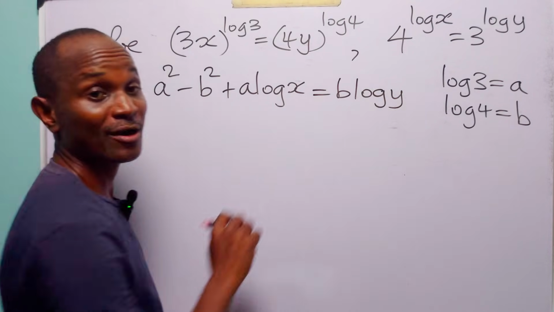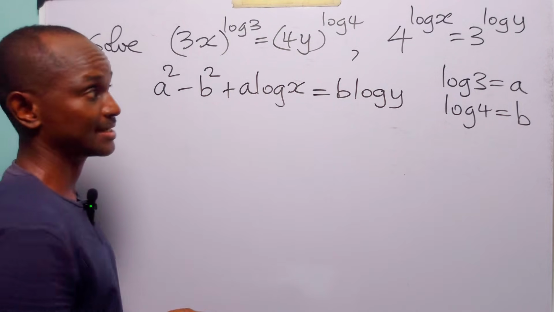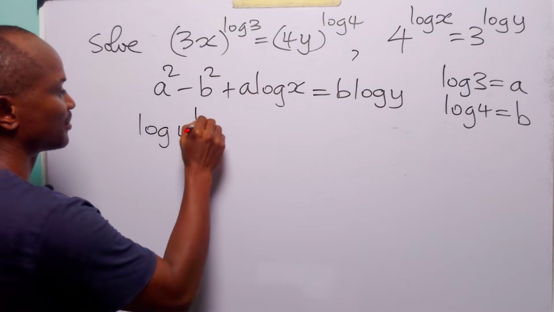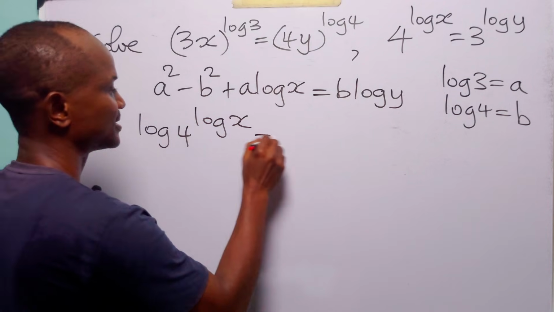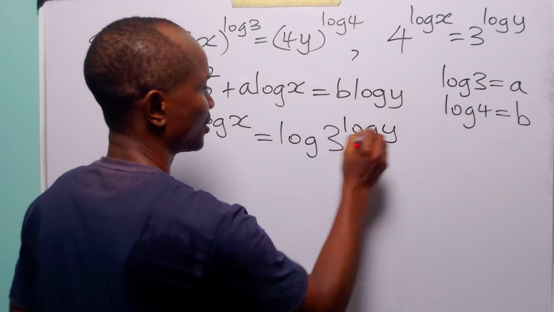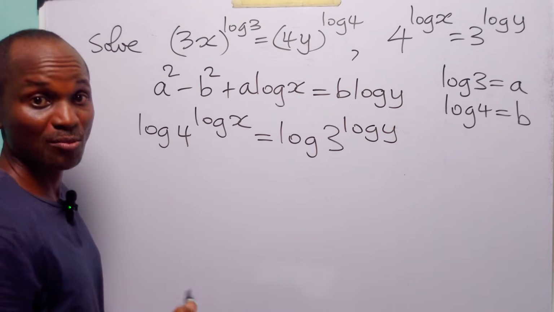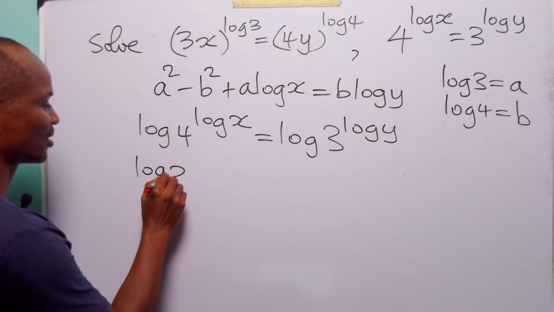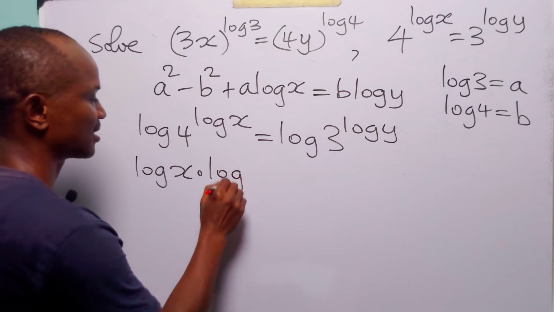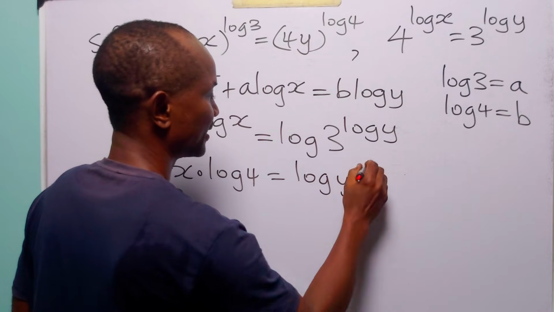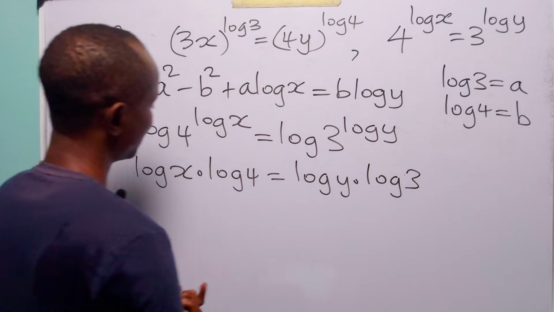Now going over to the second equation, we take log of both sides. When we do that, we have log 4 to the power log x is equal to log 3 to the power log y. And of course, once more, we apply the power rule. When we do this, we have log x times log 4 is equal to log y times log 3.